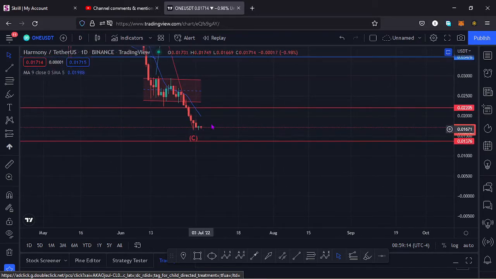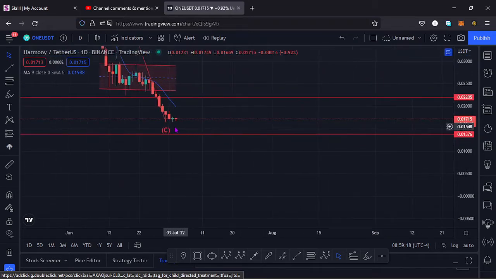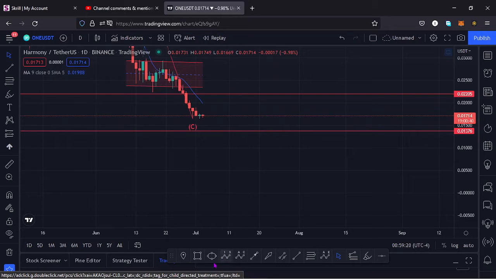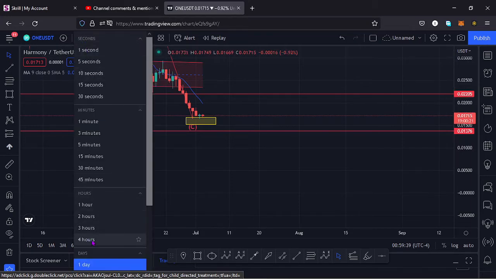At this area we have formed an area of support because we have touched that area twice, and that would mean if we go to a lower time frame, maybe we have a formation of a double bottom.